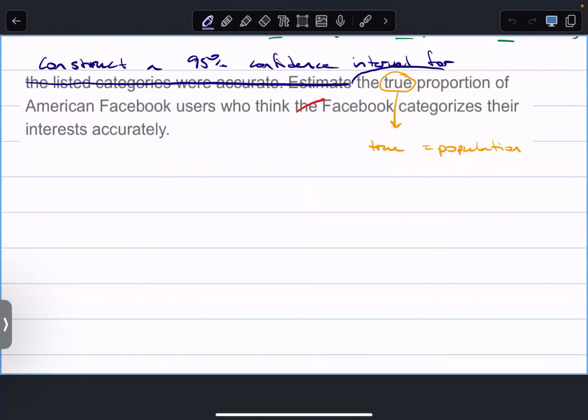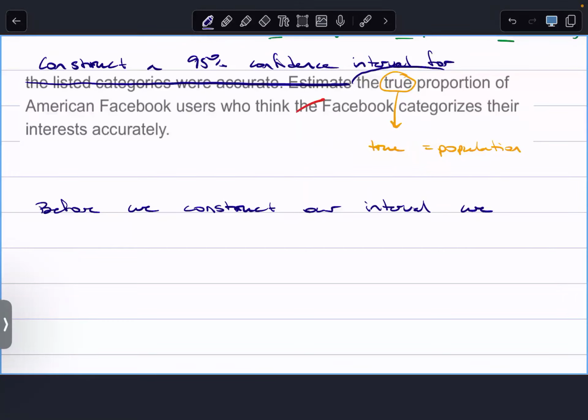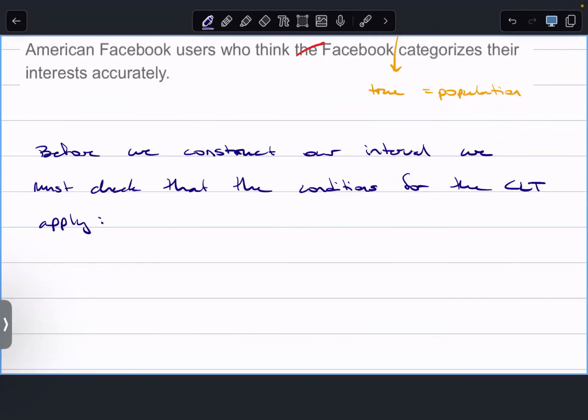So I will say here, before we construct our interval, we have to check that the conditions for the central limit theorem, the CLT, apply. There are two parts to the conditions.